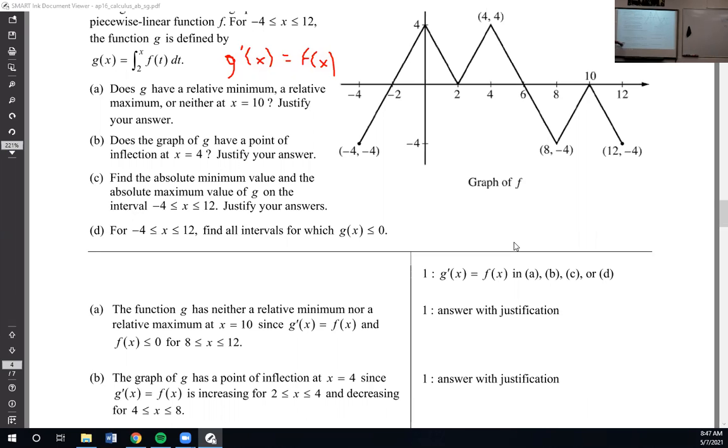In other words, this first derivative changes from increasing to decreasing, which means that the second derivative will change from positive to negative, which means that we'll have a point of inflection. So basically, you'll be looking for a maximum or minimum happening in the first derivative to look for points of inflection. So there's also a point of inflection at 0, at 2, at 4, at 8, and at 10.